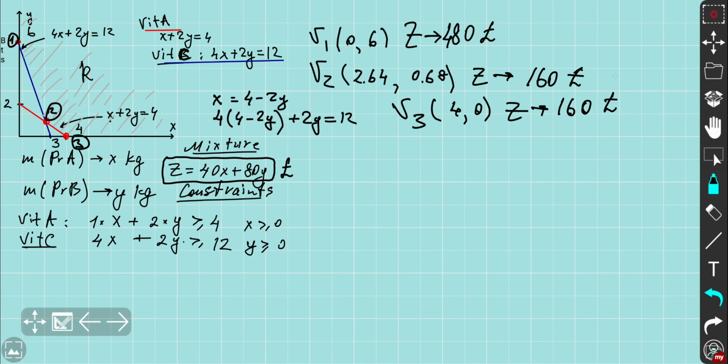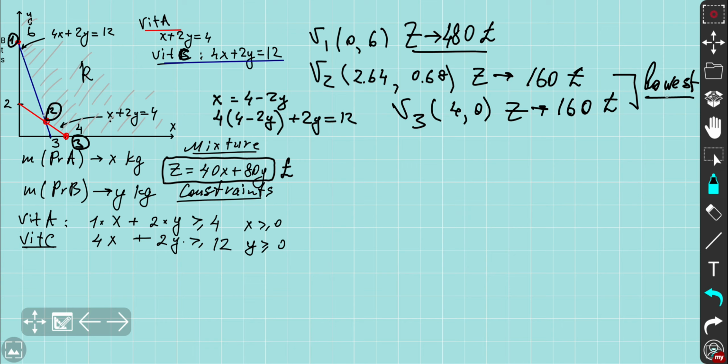So we've actually got 2 lowest values. In this case, you cannot say they're the minimum, but you can say they're the lowest in comparison with vertex 1. So what are we going to do if the region is not bounded?